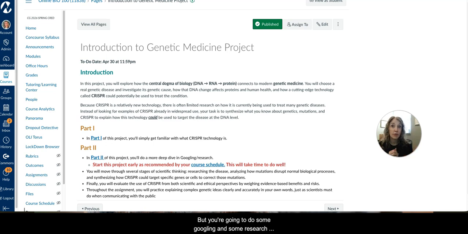But you're going to do some Googling and some research about what the disease is, understand the genetic basis of it. Is the DNA mutated in some way? Is it a whole chromosome that's changed? Is it just a single letter that's switched in the DNA? And then you're going to start to brainstorm how we could use CRISPR technology to potentially fix those genetic diseases.